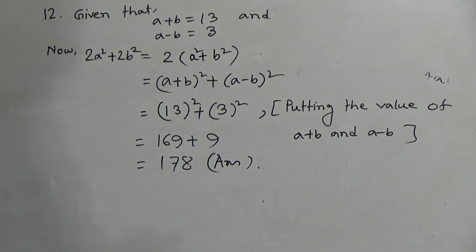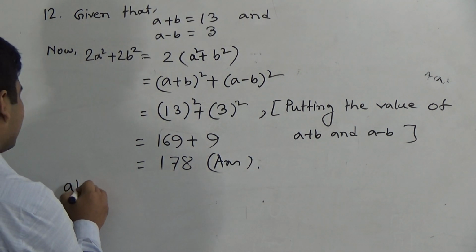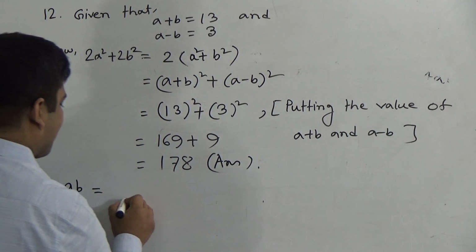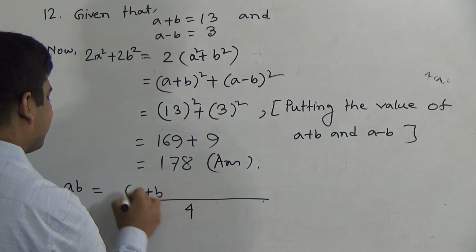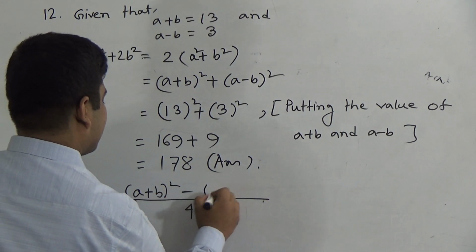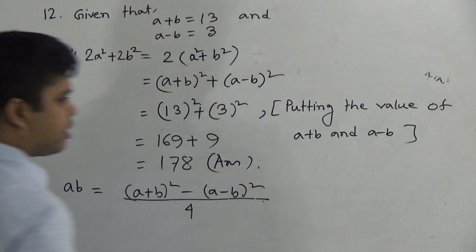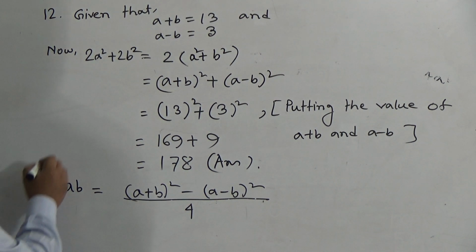Now we shall find out the value of ab, and we already know the formula of ab, which is a plus b whole square minus a minus b whole square divided by 4. I hope you have understood.